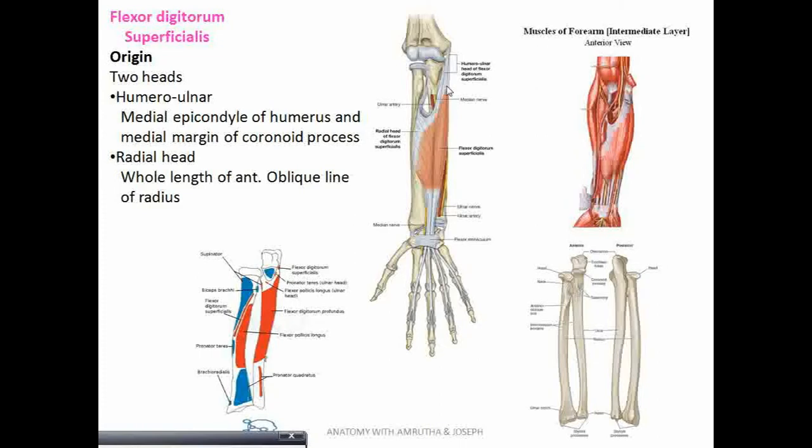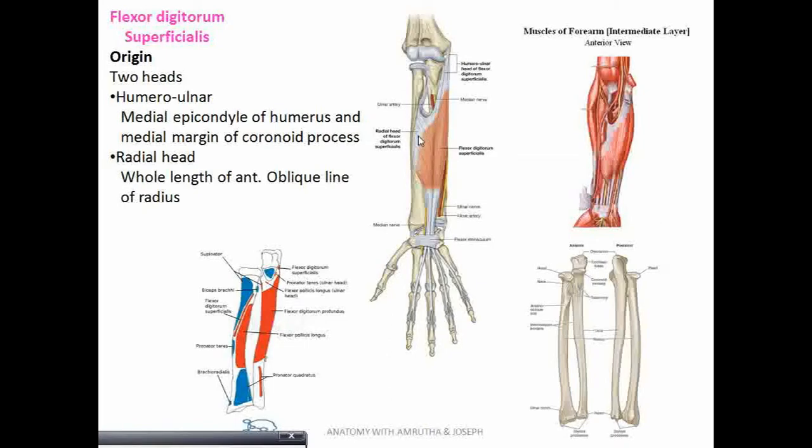Now flexor digitorum superficialis, a broad muscle originating as two heads, the humero-ulnar head and the radial head. The humero-ulnar head originates from the humerus and the ulna: from the humerus, the medial epicondyle, and from the ulna, the medial margin of the coronoid process.